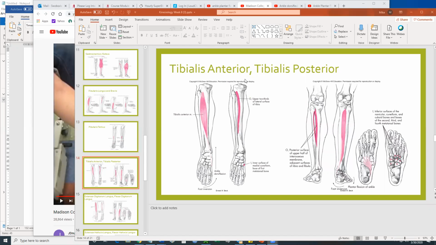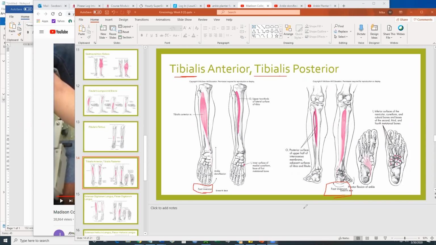Now, tibialis does two things. Tibialis anterior, tibialis posterior. Both of these are obviously on your tibia because they're named tibialis. The function they both share is foot inversion. Both are going to help you invert your foot.